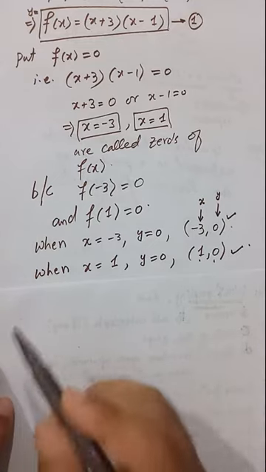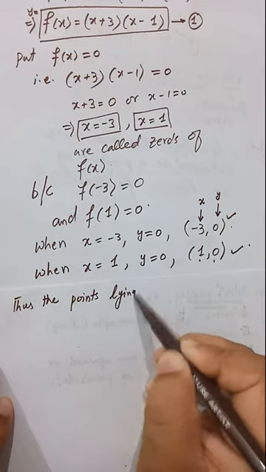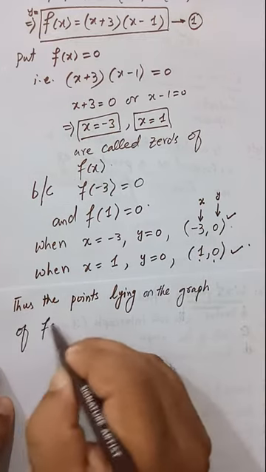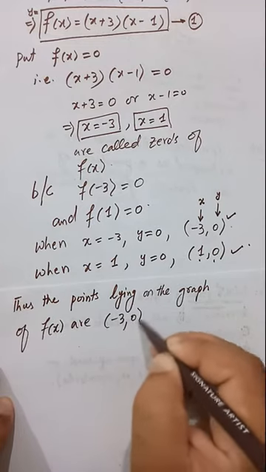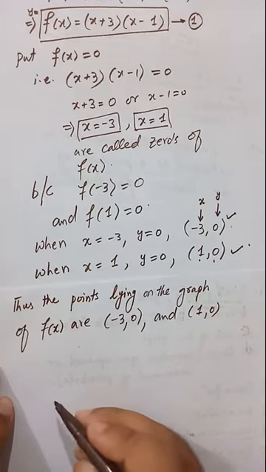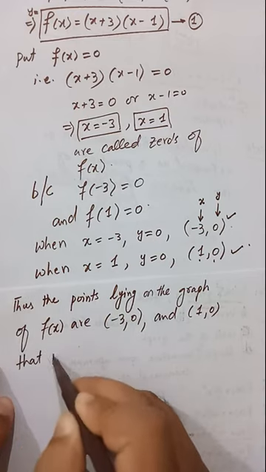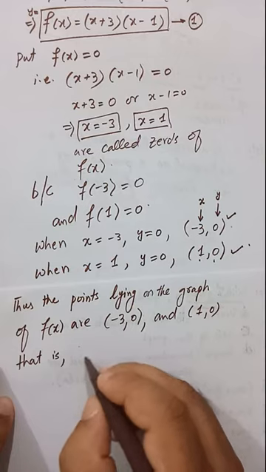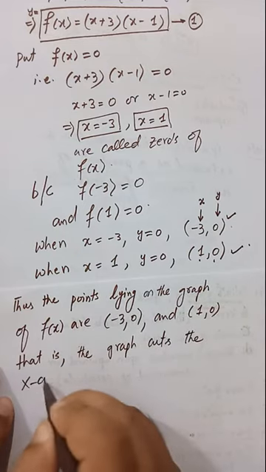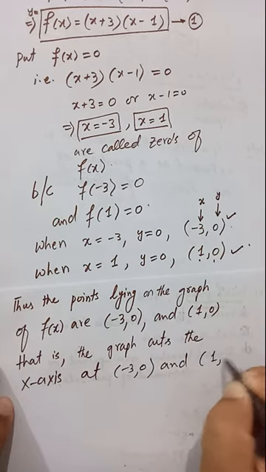So we can write, thus, the points lying on the graph of f of x are -3, 0 and 1, 0, because the graph of the function cuts the x-axis at -3, 0 and 1, 0.